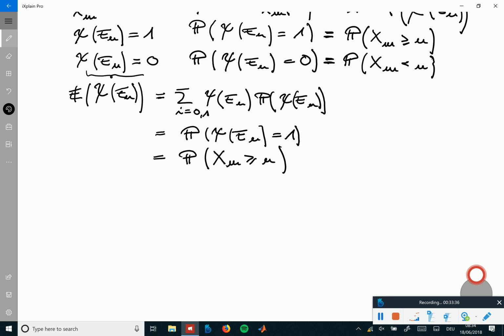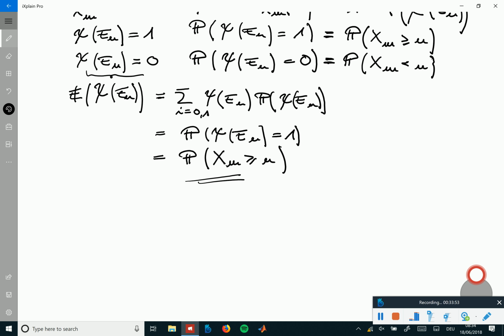So the expected Euler characteristic and the probability that the global maximum is larger than u are the same thing. Now the only thing that remains is if we want to express this as a probability, as a distribution function.